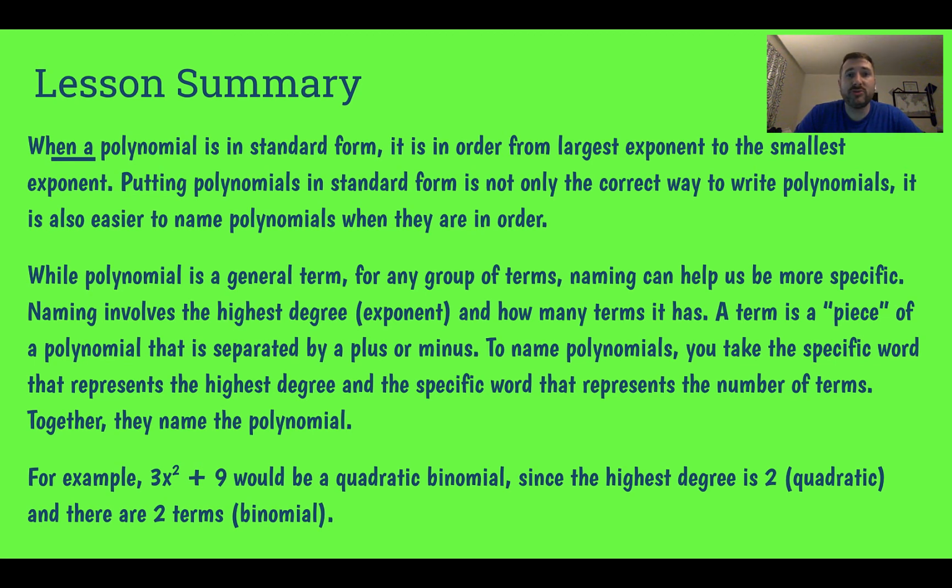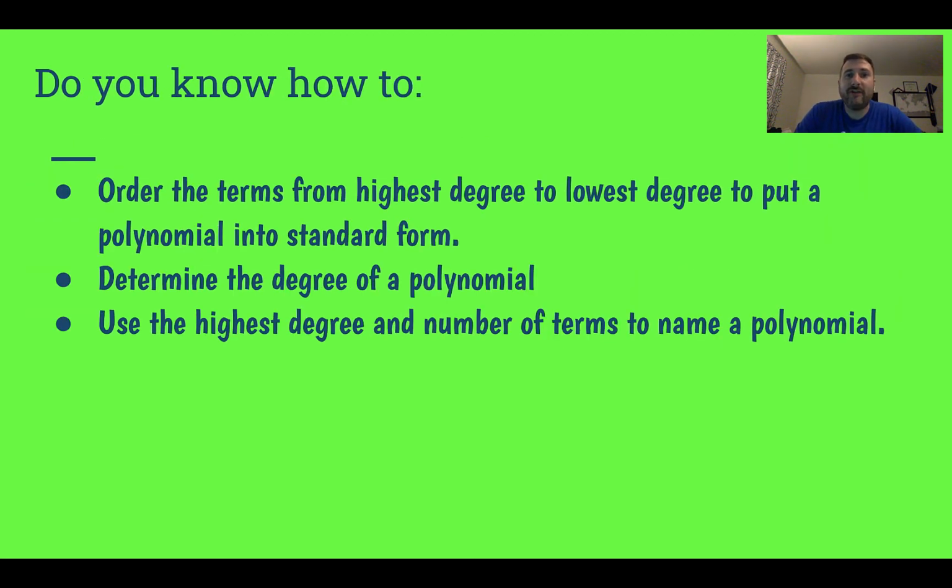All of the polynomials we're going to see in this chapter are going to follow the same patterns, so you're going to need to learn how they work, both with naming and with standard form. So after this lesson, do you now know how to put a polynomial in order from highest degree to lowest degree to put it in standard form? Do you now know how to determine the degree of the polynomial?